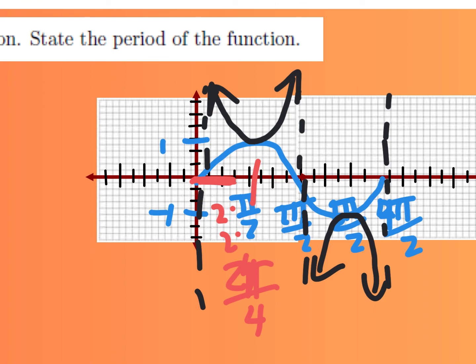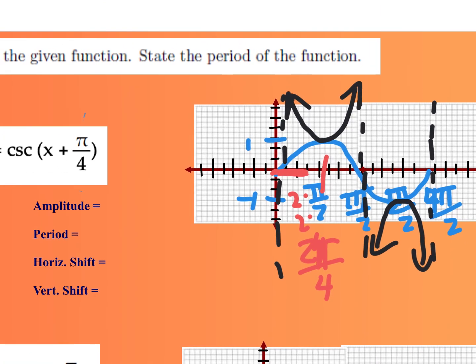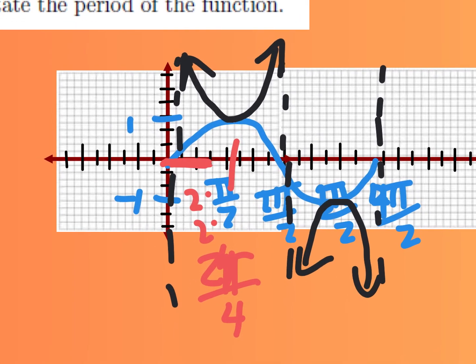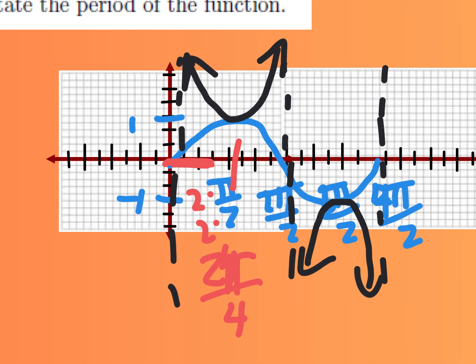Don't have any good news. It's just a pain in the neck. You got to take everything on here and move it to the left pi over 4. Okay, so I would just grab everything and move it over. So I guess I'd probably take my sine wave and take it out and redraw it in, moved over. And that's going to look like this in green.